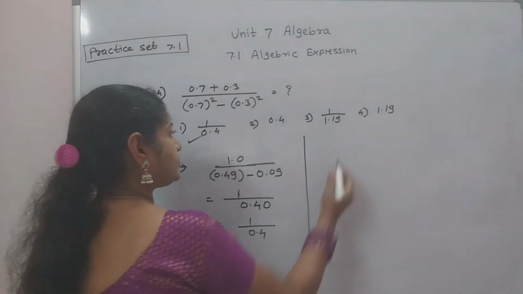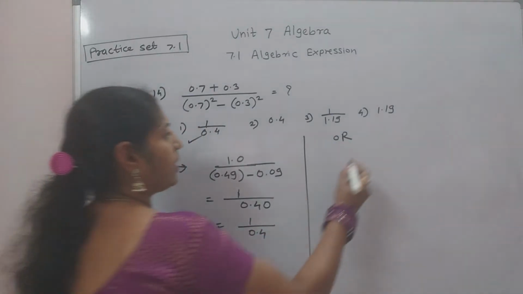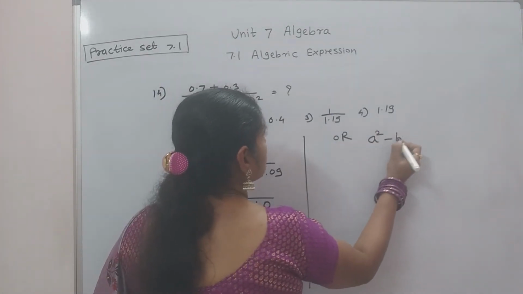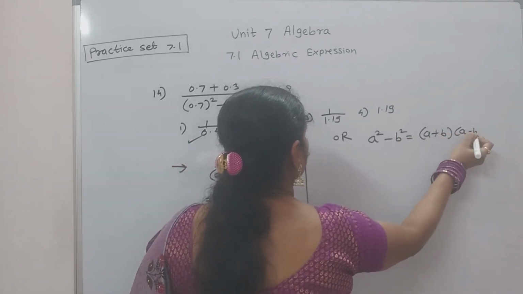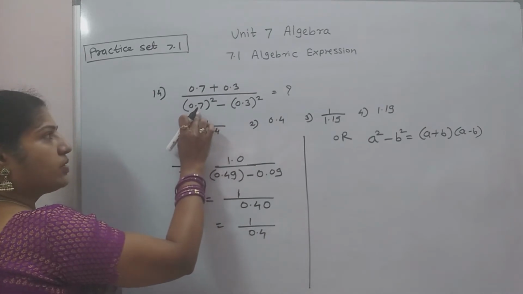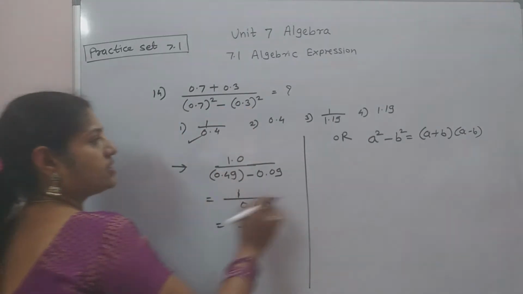Or by second method, use the formula a square minus b square equal to a plus b, a minus b. Now a square minus b square, first number square minus second number square.